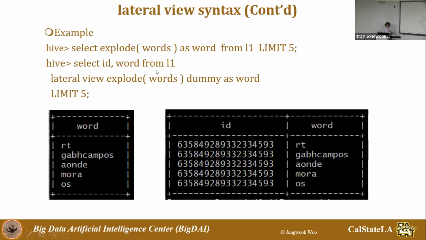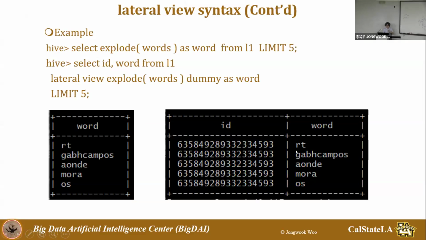It is because if you have a tweet ID, if you have a tweet that has a value like "RT campus aonde mora os", if you just explode it, you can only see each word.